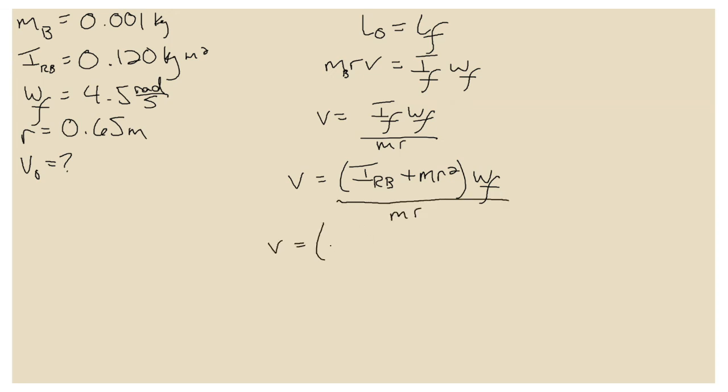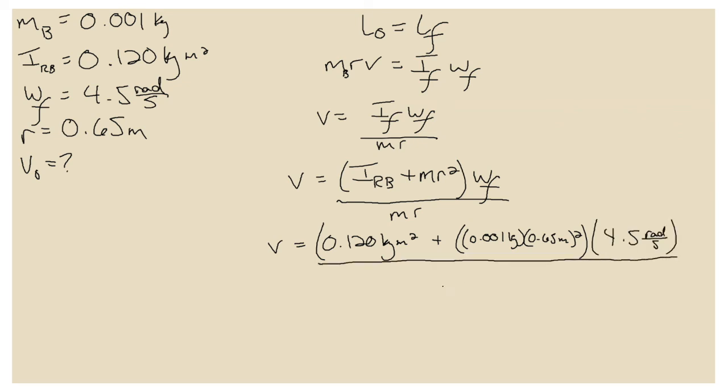We have here I_RB is 0.120 kilogram meters squared. We're going to add that to mr squared. So we have the mass 0.001 kilograms times the r squared, 0.65 meters squared. So that's our whole term here. Now we've got to multiply that by omega final, that's 4.5 radians per second.